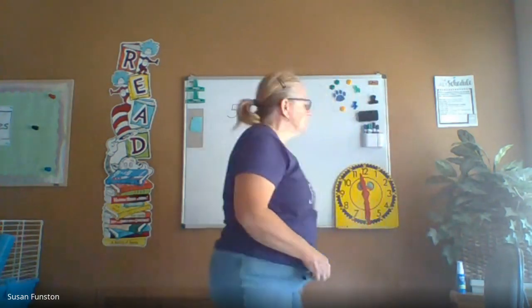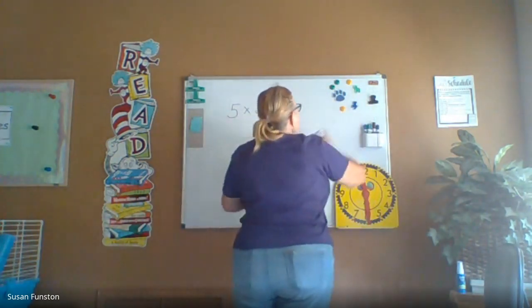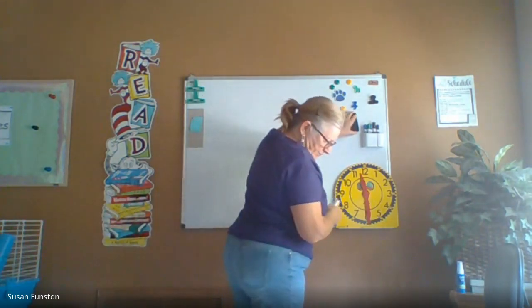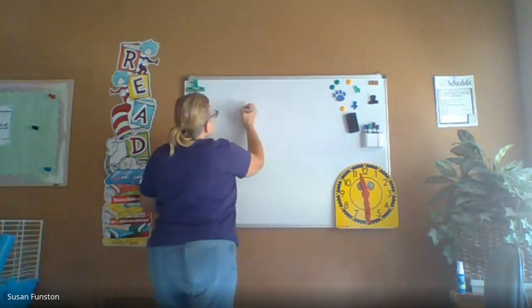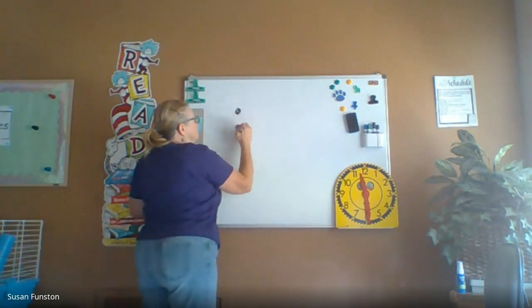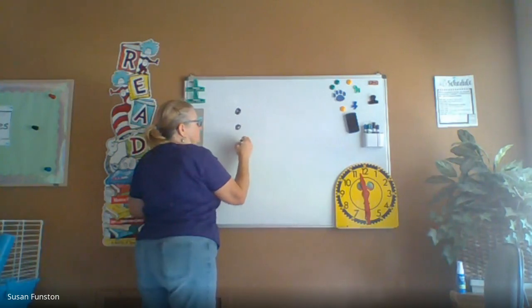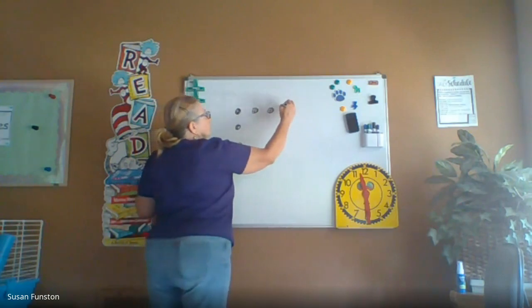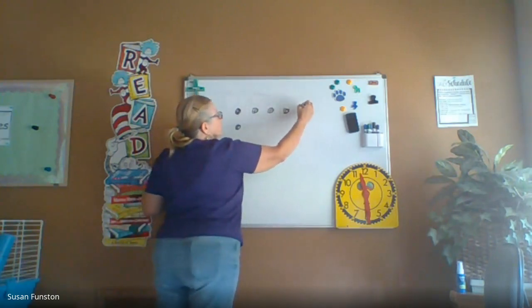Okay, let's draw an array. I'm going to draw a 3 by 5 array. So I'm going to make 3 rows. There's the beginning of my 3 rows with 5 items in each row.